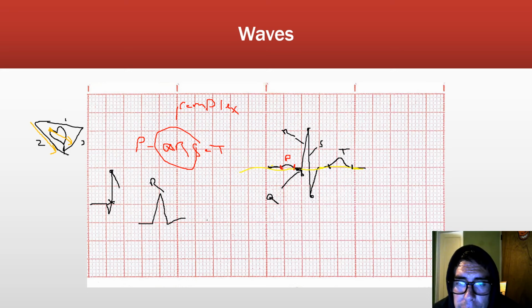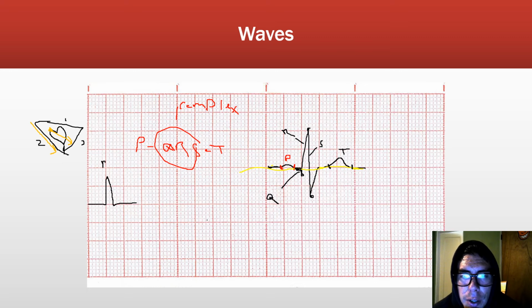Then for an S wave to be an S wave, it needs to go below baseline from above. So if we have just an R wave, and then we have that, that would only be an R wave because it did not go below baseline after being above. That's your baseline.